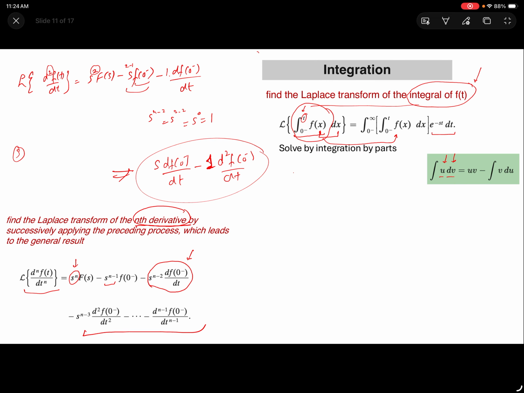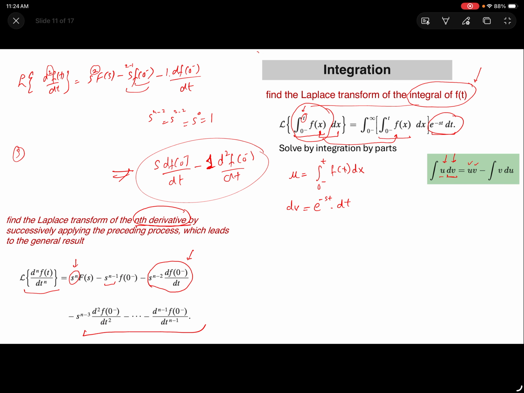So I'm going to call my u this integral. So u should be equal to the integral from 0 negative to t of f of x dx. And then I'm going to define what my dv is. My dv should be equal to the other part, e raised to the power minus st times dt. So I already know the value of u. Let me find the value of v first.